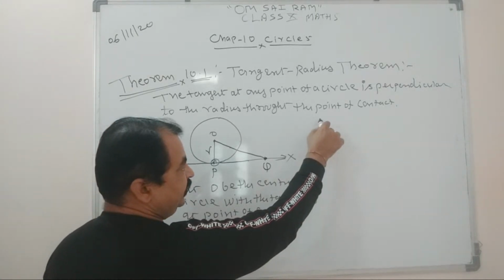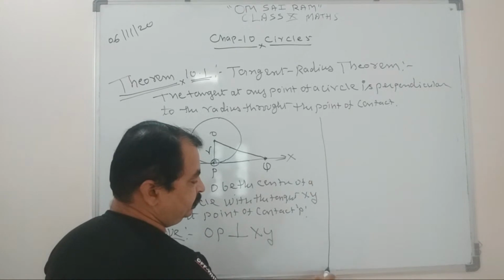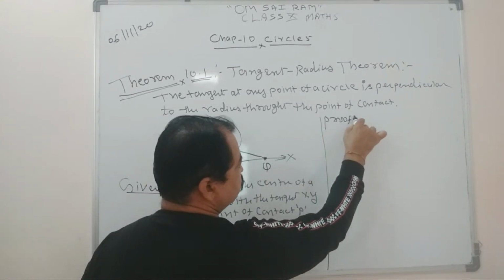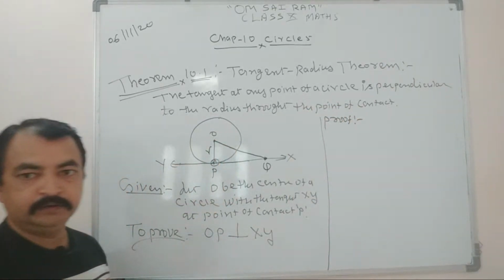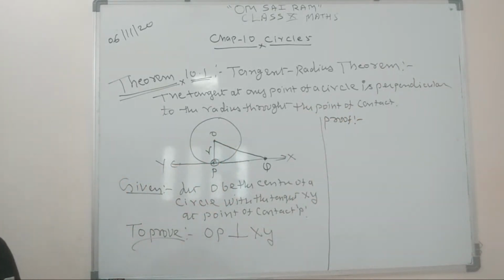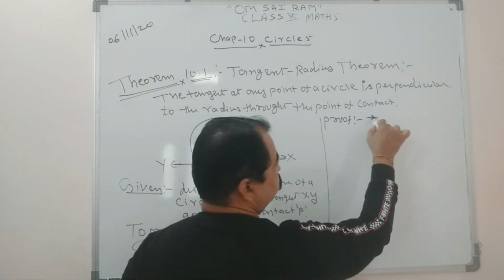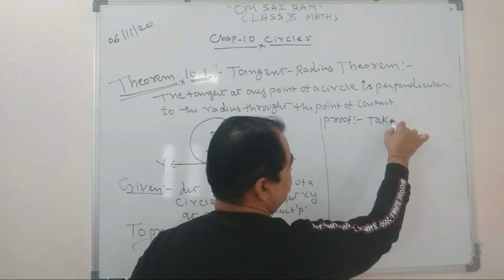So see, we write only the argument whatever I just discussed with you, children, right? What do we write here? We write: take a point Q on XY other than P. Okay? So whatever I discuss, I'll write here.